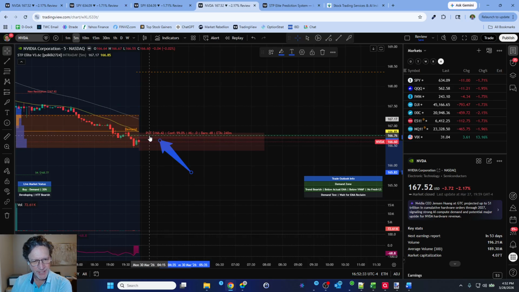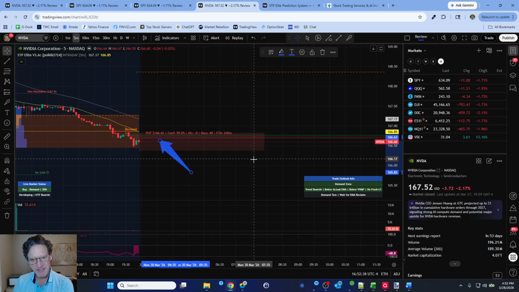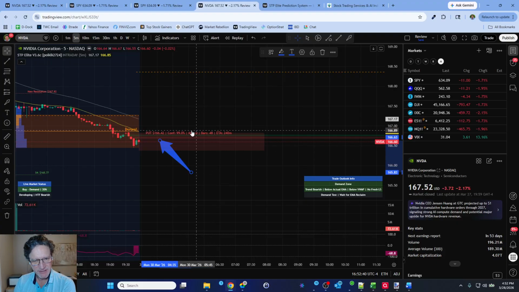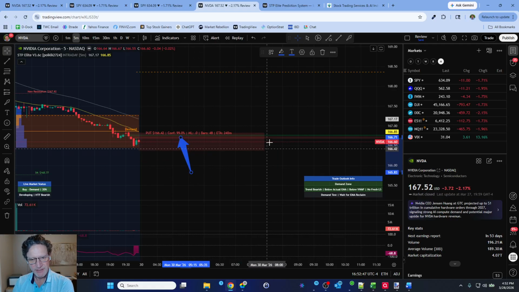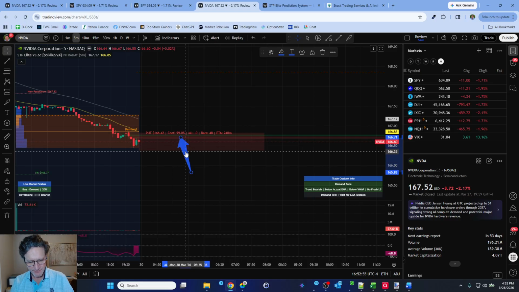It's read by looking at its put, where the price is going to go, how many bars it's going to take to get there, how many minutes, the prediction confidence level, and this happens to be red because it's a put. This red shaded area will actually turn to green if it's a call, so it's dynamic.